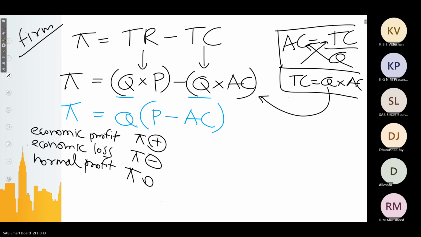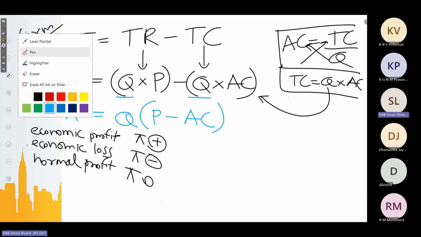Right? When economic profits are there, profit takes a positive number. When economic loss is there, profit takes a negative number. When normal profits are there, profit is 0.